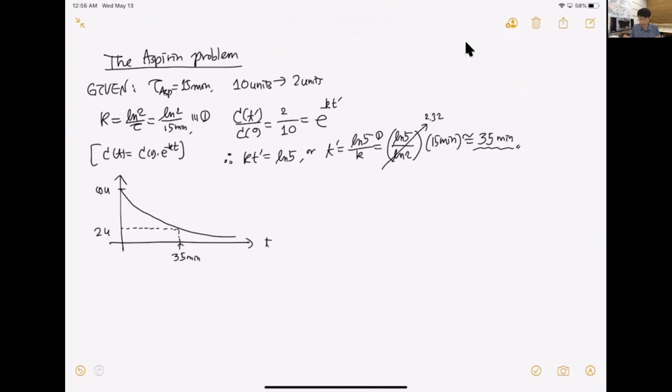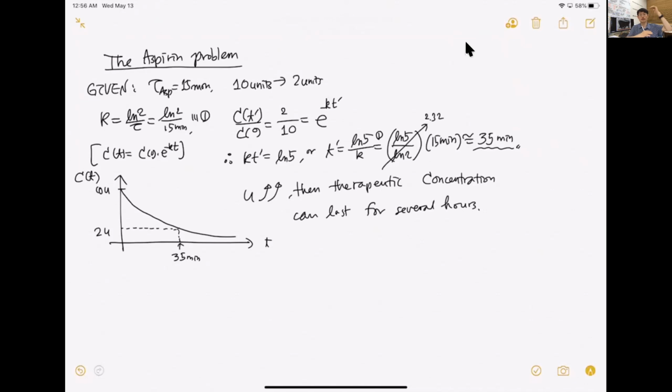So we start with a very high concentration, and the therapeutic concentration can last for several hours by putting in a huge initial dose.